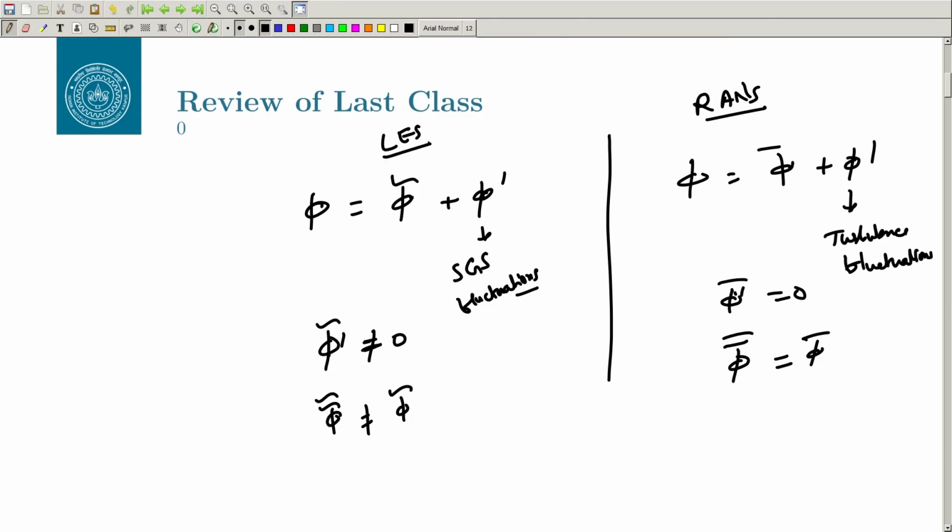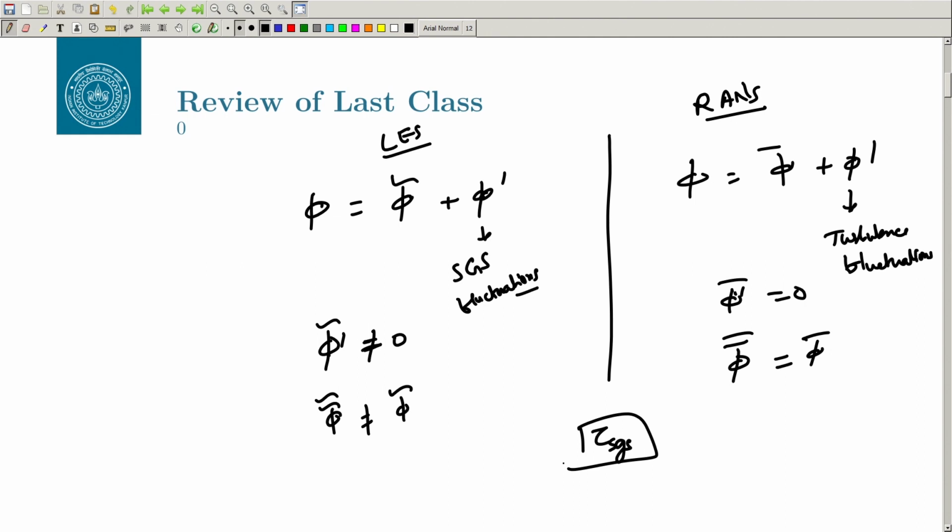And by applying this filter, we derived the incompressible filtered Navier-Stokes equations, where we saw that we had an extra term, which was tau SGS, which needs to be modeled.